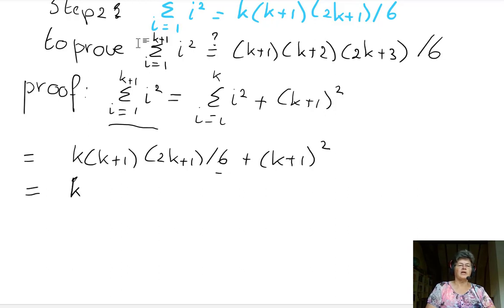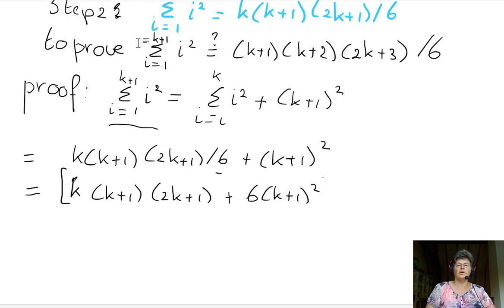So (k plus 1) times, 2k plus 1 plus, and then I have to multiply the right side with 6, 6 times (k plus 1) square, and that complete one divided by 6. So now the 6 here and the 6 there is done. So I have to worry about the middle part.